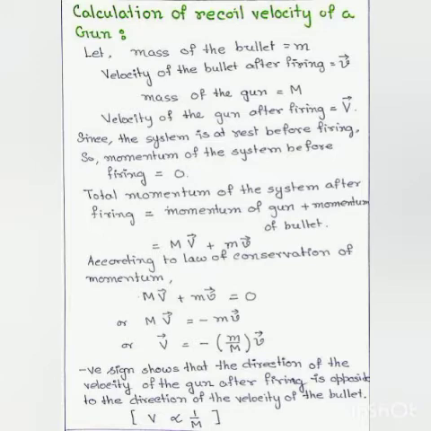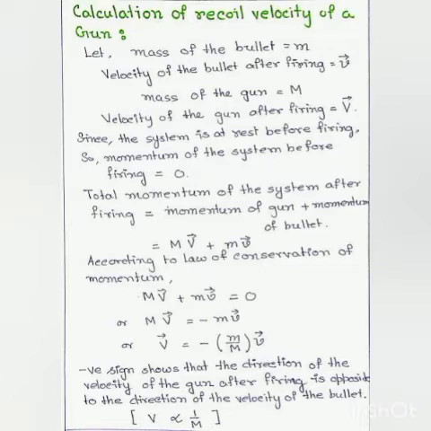Now, consider the mass of the bullet is equal to small m, and the velocity of the bullet after firing is small v, and the mass of the gun is capital M, and the velocity of the gun after firing is capital V. Since the system is at rest before firing, the momentum of the system before firing is equal to 0, and the total momentum of the system after firing is equal to the momentum of the gun plus the momentum of the bullet, that is capital M into capital V plus small m into small v.